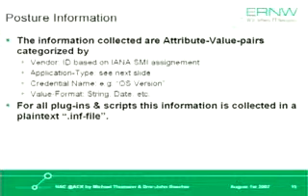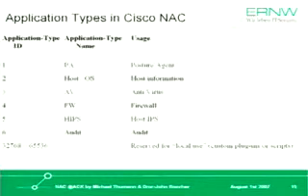Okay, and for all plugins and scripts you want to use, you need to describe the posture information collected in an inf file. And Cisco provides a couple of these too. Just to give you a short overview, we can see it on the very left of the slide.